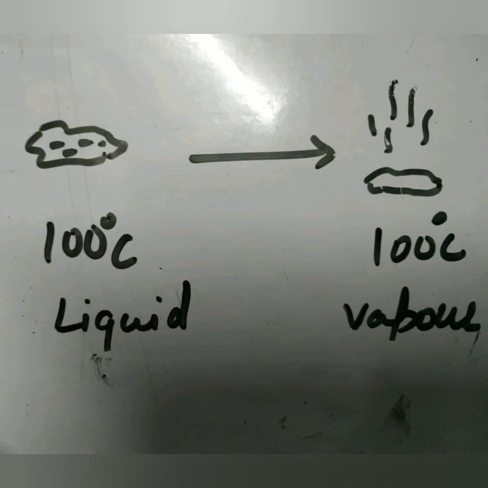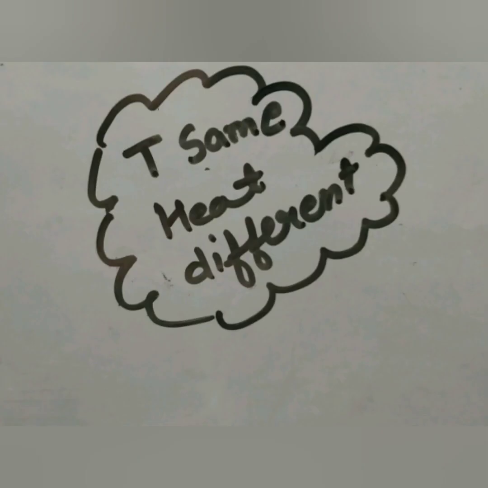Here, water at 100 degrees Celsius, it's the boiling point of water. When this liquid converts into gas or vapors, the temperature is the same. The temperature is the same, but we apply the heat. This heat is absorbed by the water molecules to increase the kinetic energy to convert the liquid into vapors.